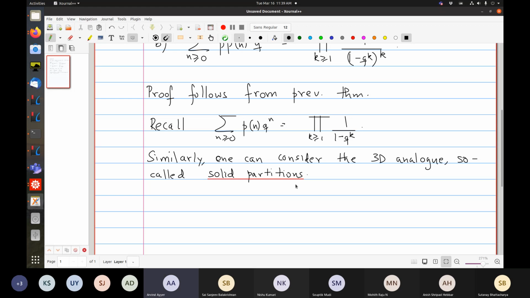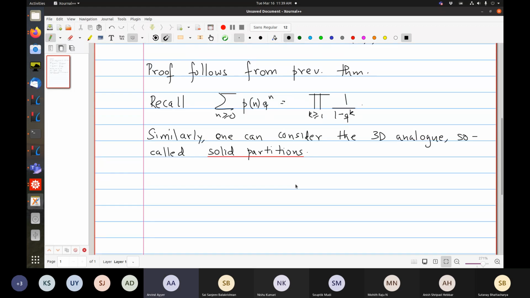So what is it? This is arrays pi_ijk, with i, j, k greater than or equal to 1. Just writing this is going to be a pain, but it's kind of clear what it is.